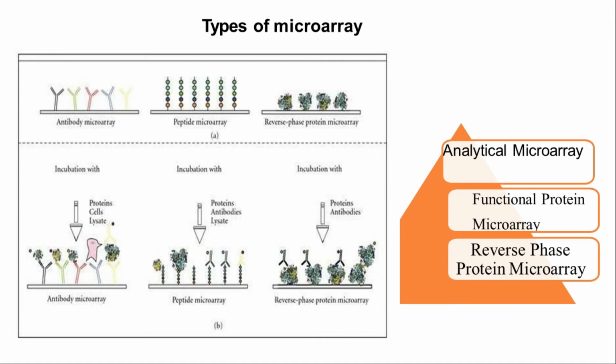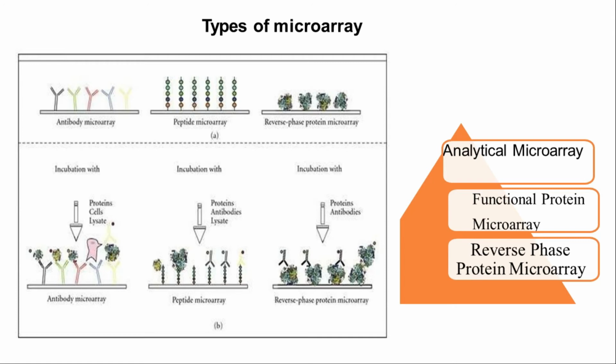In the antibody microarray, we incubate with protein cell lysates and obtain the antibody microarray. In the peptide microarray, after incubation we obtain the peptide microarray, and similarly the reverse phase protein microarray is obtained after incubation.